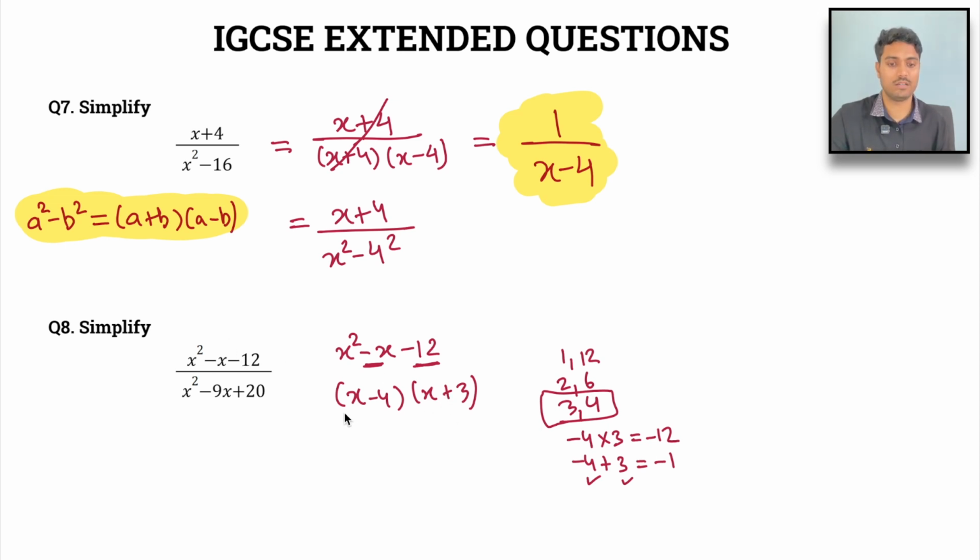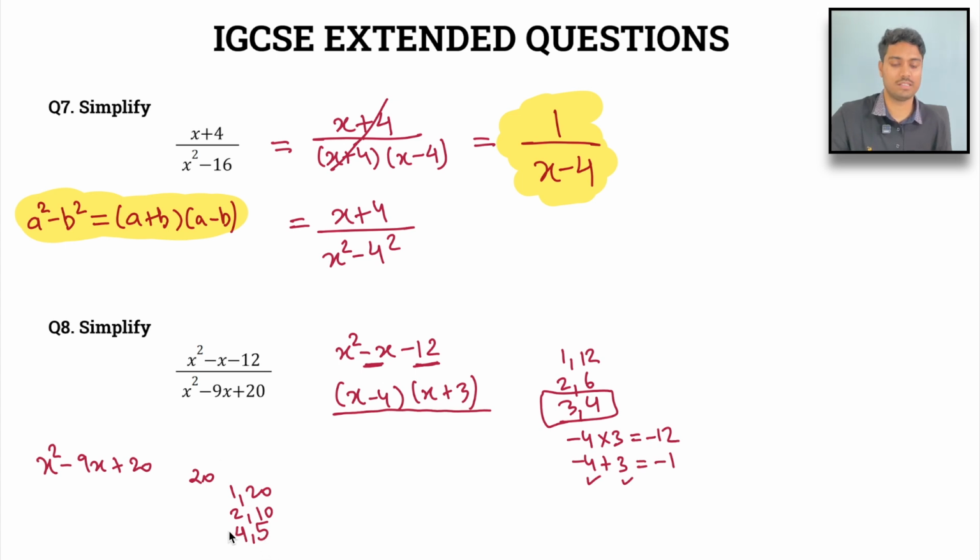Let's find the factors of the expression that is written in the denominator. So we have here x square minus 9x plus 20. This time we have 20. For 20 it can be 1 and 20, 2 and 10, 4 and 5. Only 4 and 5 can give us 9, and 4 fives are 20.